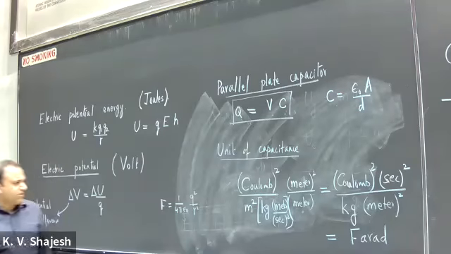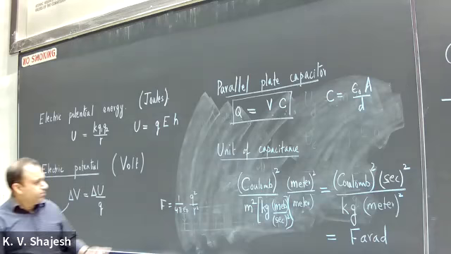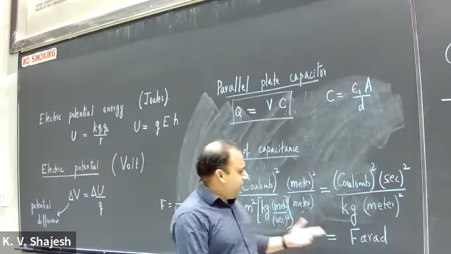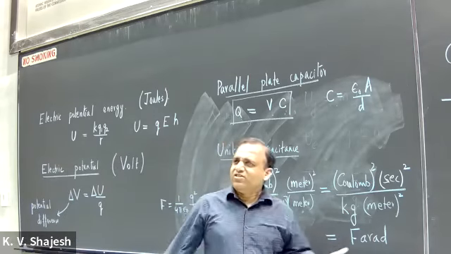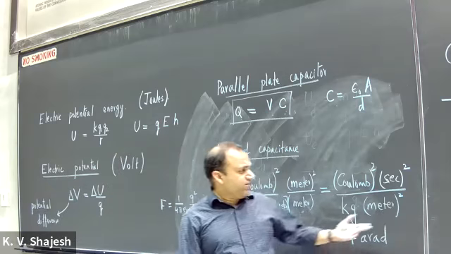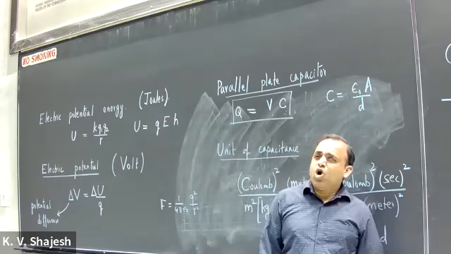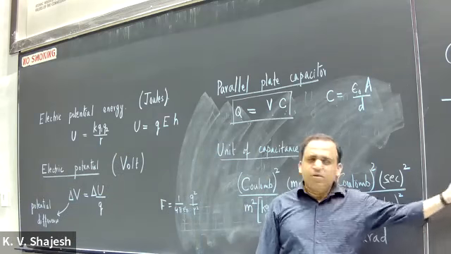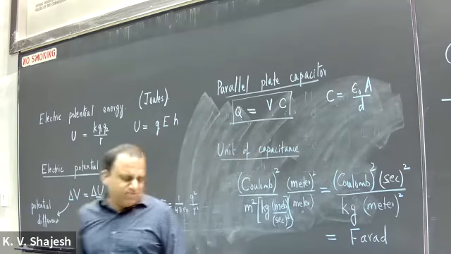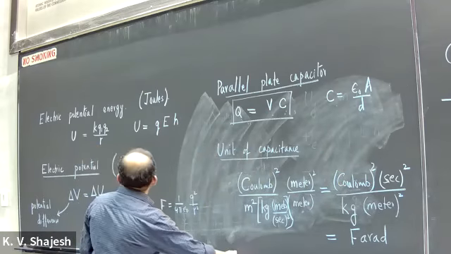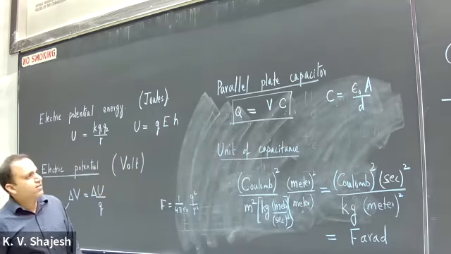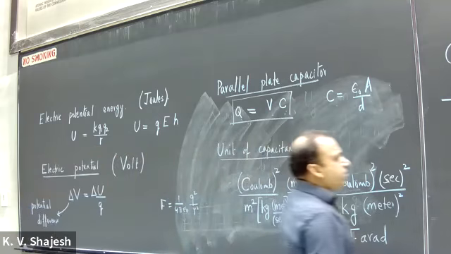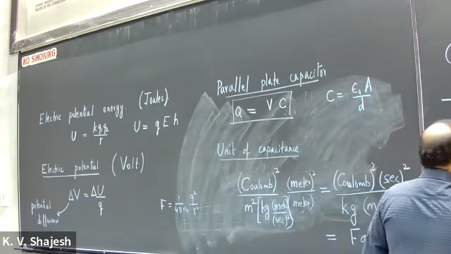So that's going to be the unit of capacitance. Let's talk about how much capacitance is common for normal simple devices that we talk about, especially this plate. So let's build a very simplistic capacitor using the parallel plates idea.